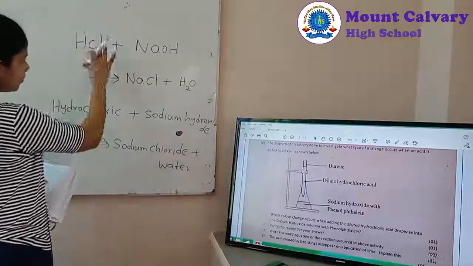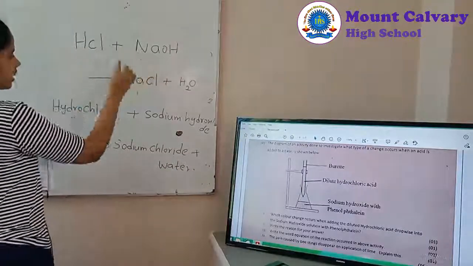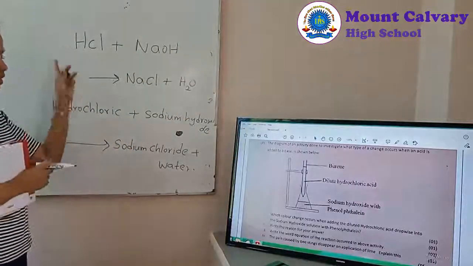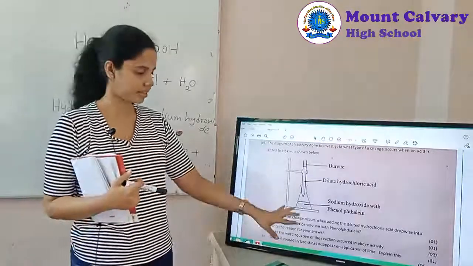You can write both these equations. HCl plus sodium hydroxide gives you sodium chloride plus water. This is the word equation. That means this is the reaction taken in this practical.